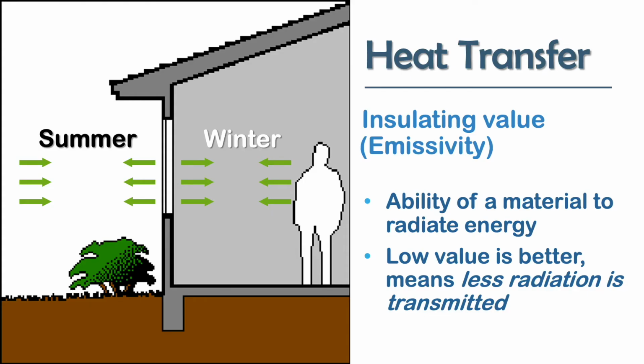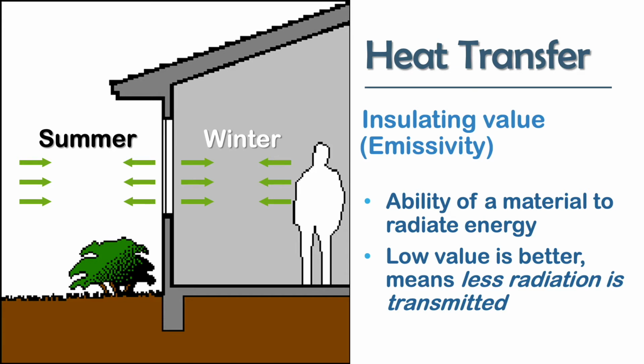So now looking at emissivity, which is another portion of insulation. It's the ability of a material to radiate energy. The lower the value is, the better it is, because that means that less radiation is transmitted.